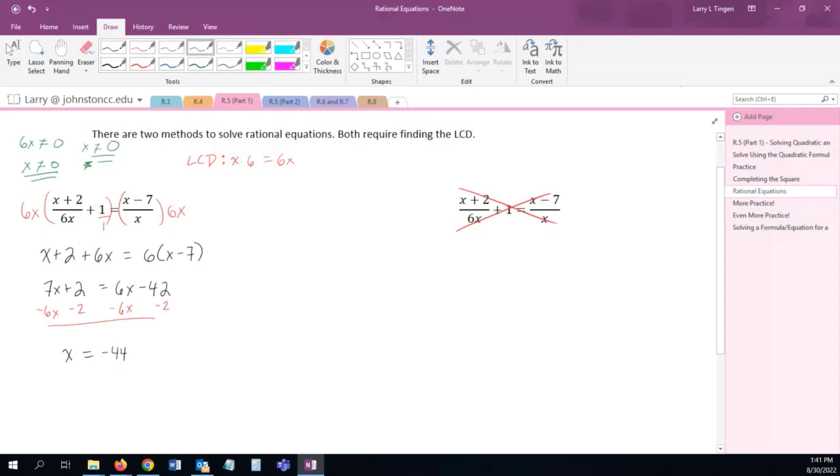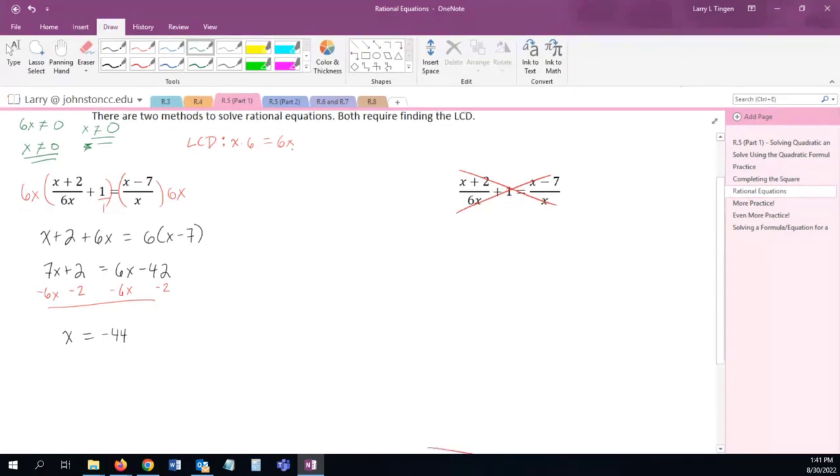Okay, this can't be 0, so x can't be 0. This can't be 0, so x can't be 0. So when I get to the end, if I get an answer that causes division by 0 in the beginning, I can eliminate that answer off the bat. Negative 44 doesn't do that.